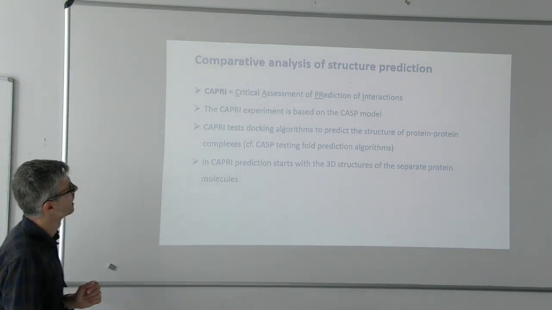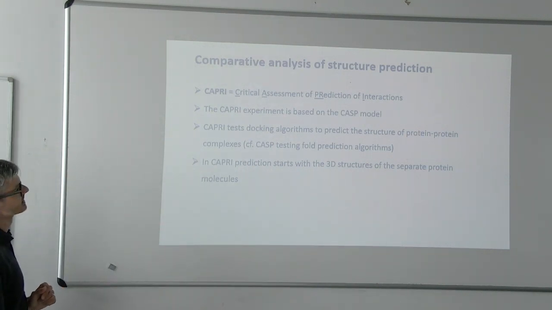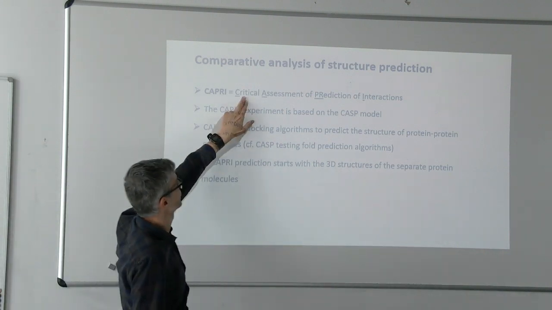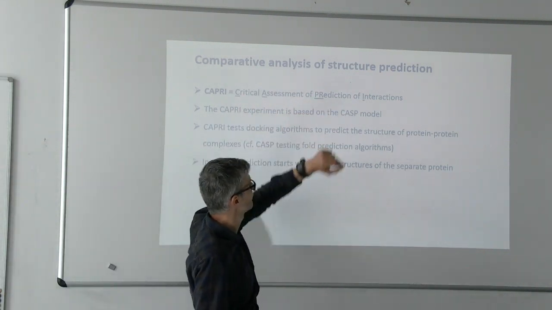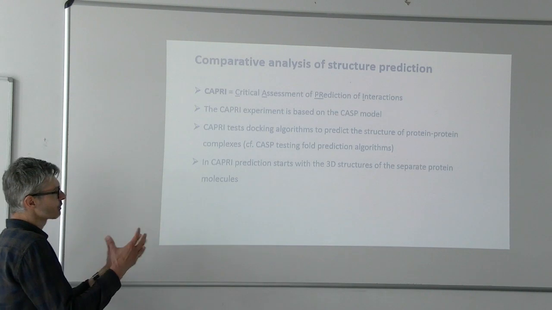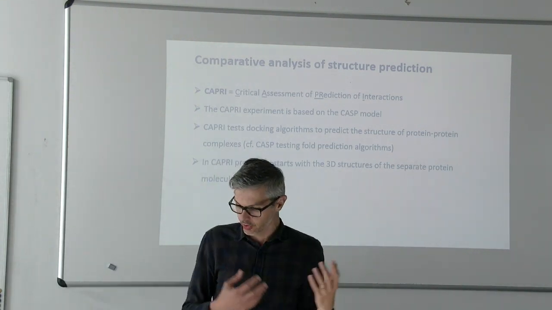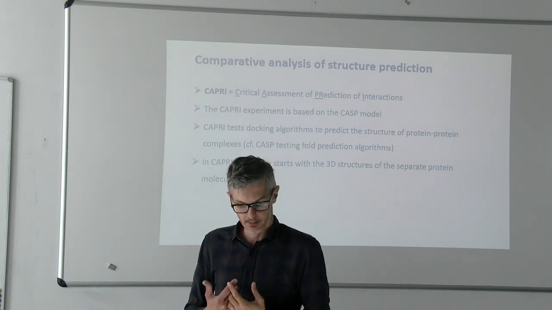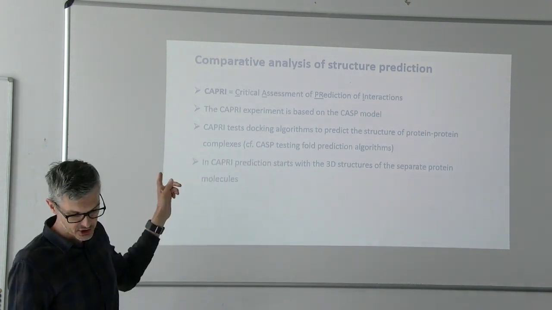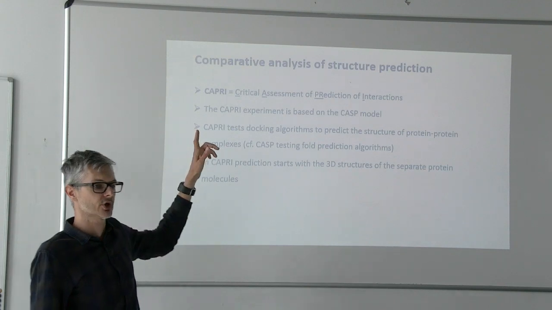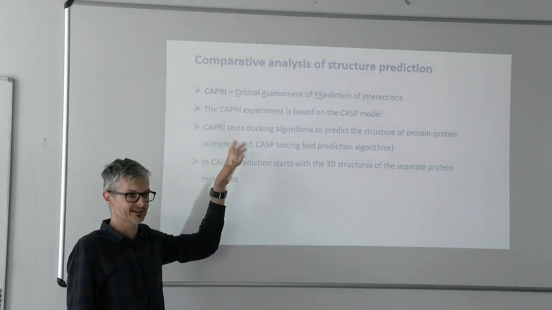A similar critical assessment is CAPRI, which stands for Critical Assessment of Prediction of Interactions. So that's not only predicting one structure of one protein, for example, but you're also looking at how different molecules might interact. And this is actually where I refer to the paper of the ClusPro server, how good is automated docking.